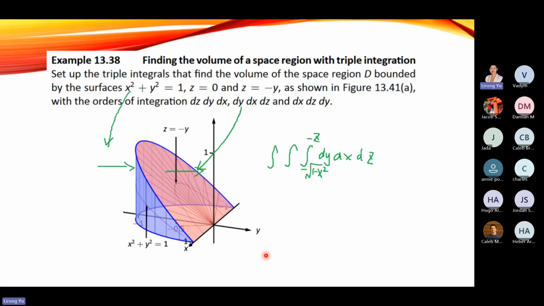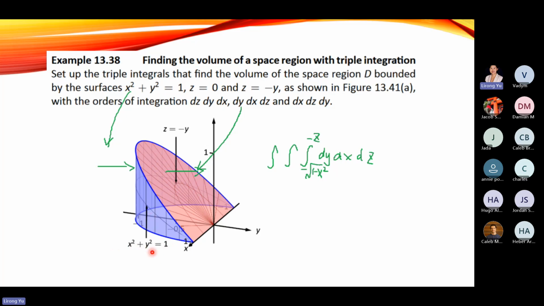The top y value going through the surface is applying v equal to negative y. So from v equal to negative y, we can turn around and find the y value that's negative z. From this surface, we have x squared plus y squared equal 1, and then solve for the y value. Remember, y squared equals 1 minus x squared. You take the negative y, equal to negative, we go 1 minus.